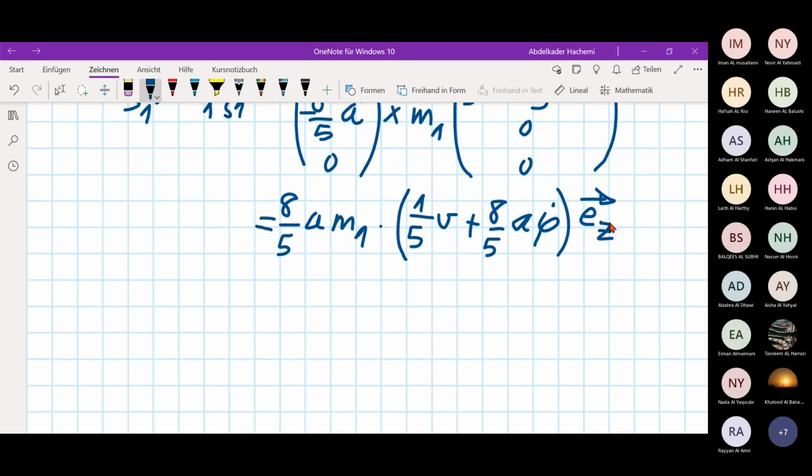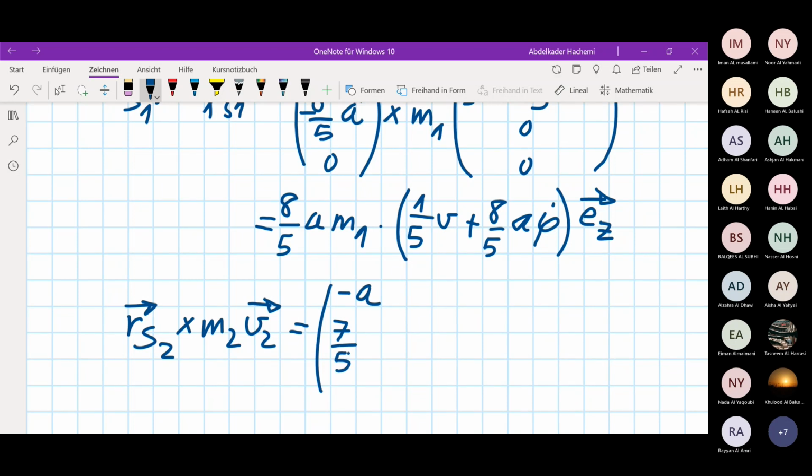Then we have here R S2 cross M2 V2. This will be equal to minus A, 7 divided by 5 A, and 0.